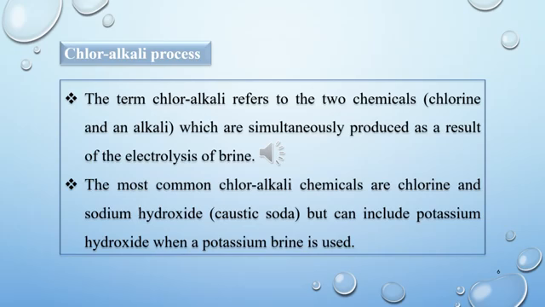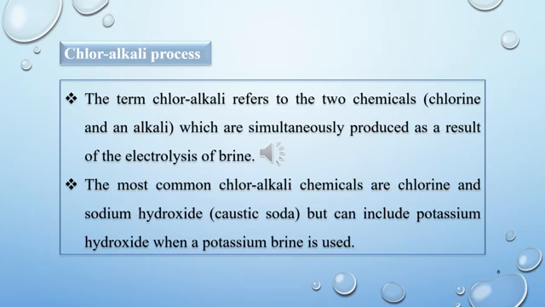So these two chemicals, chlorine and sodium hydroxide, are produced simultaneously by the electrolysis of brine. Here are two important terms: first of all electrolysis, and the second one brine.